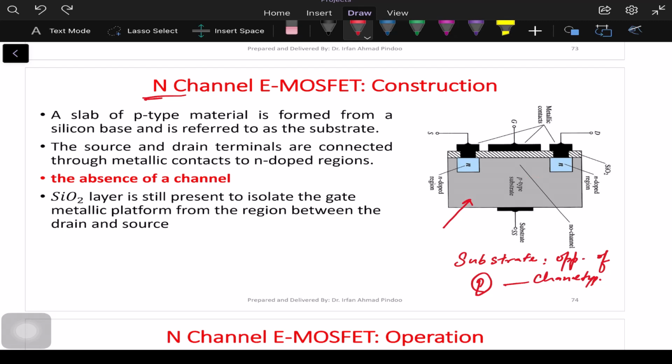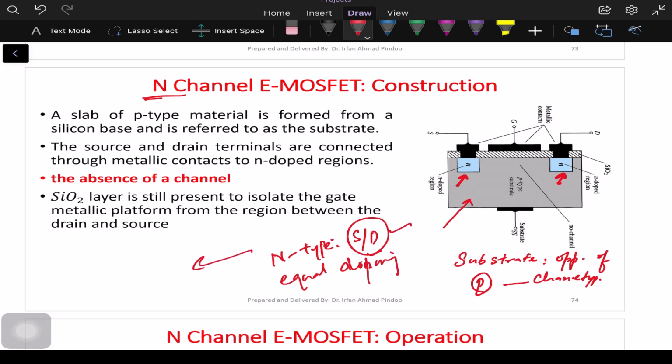Now the second thing is that we are having N type doping done for source and drain, and that you can see here and here. The important point is, as far as the amount of doping is concerned, we are having equal doping of source and drain.